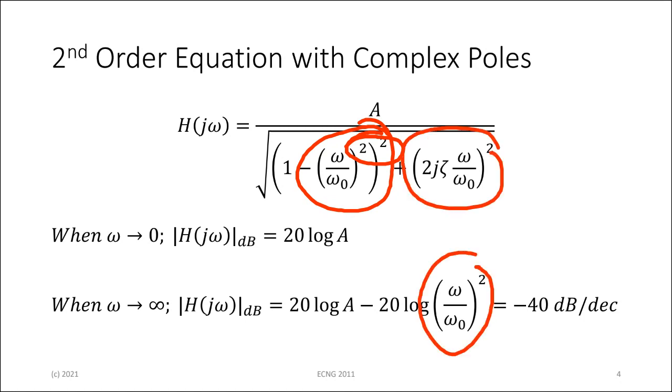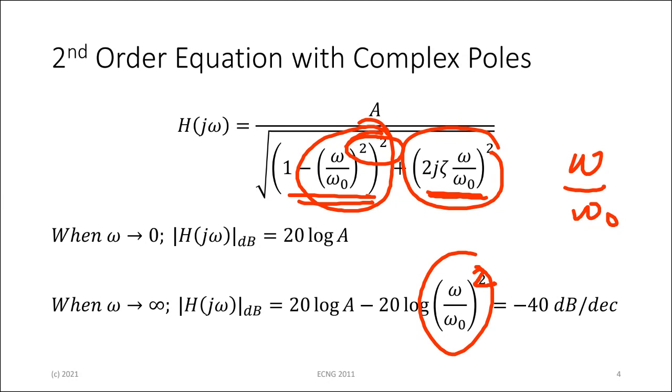This is just going to give me an omega over omega 0. So as the frequency gets very big, the part with the omega over omega 0 squared is going to dominate the value of that. Fair enough? Because one part is squared, the other part is not.